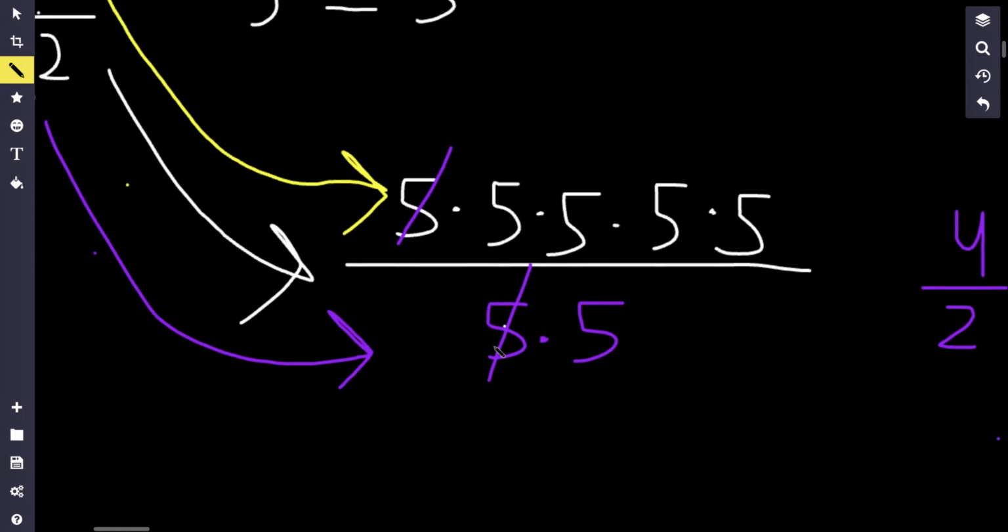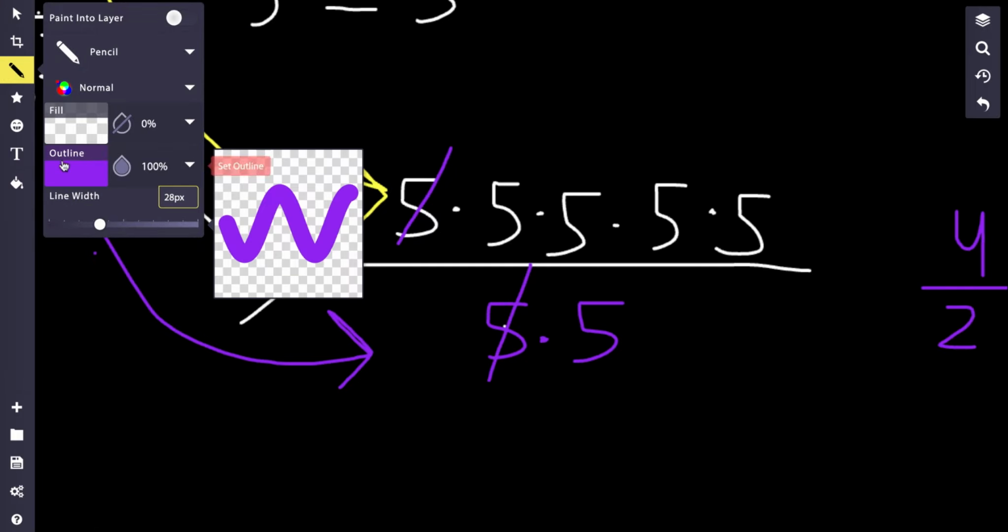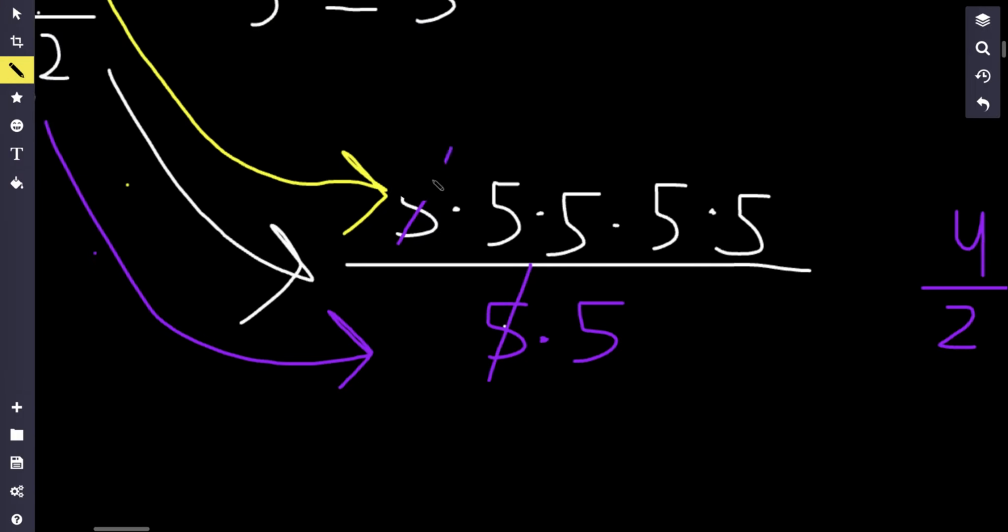And this is the case here. We have common terms in the numerator and denominator, and they're being multiplied by each other. You're able to cancel them out. So let me just cancel them out real quick. And you have another 5 in the numerator and another 5 in the denominator. You can cancel them out.